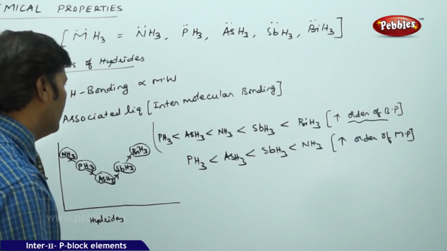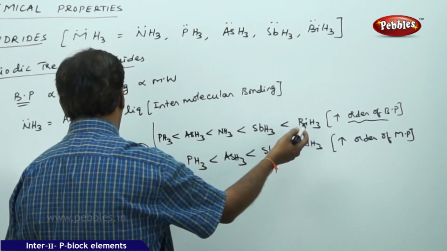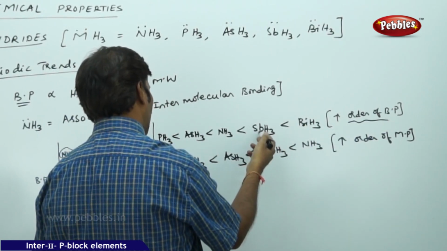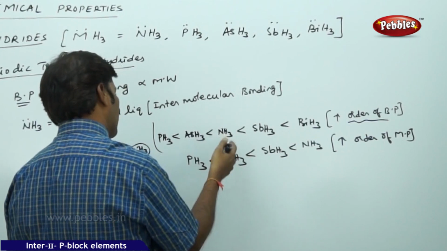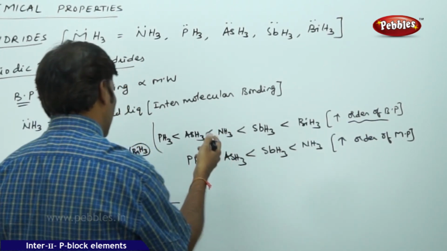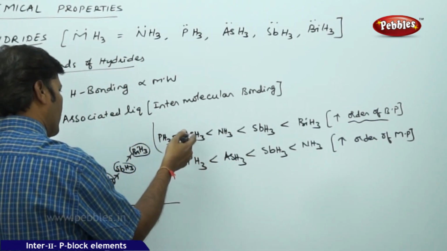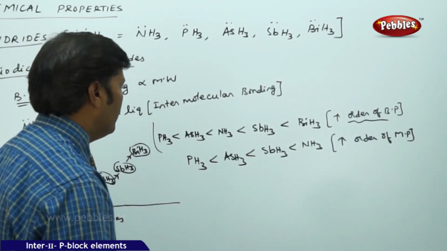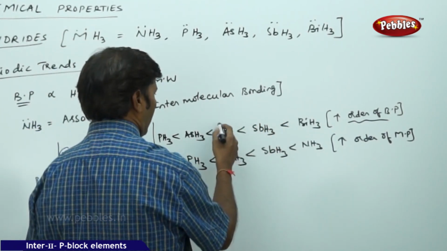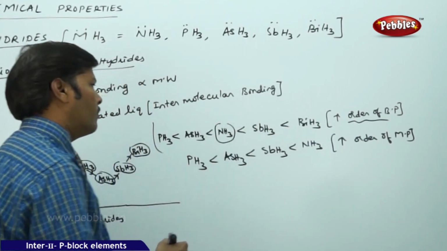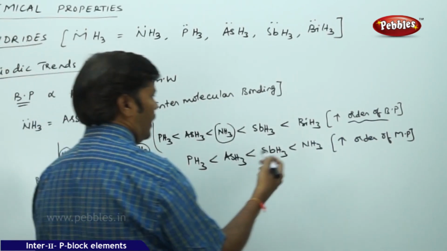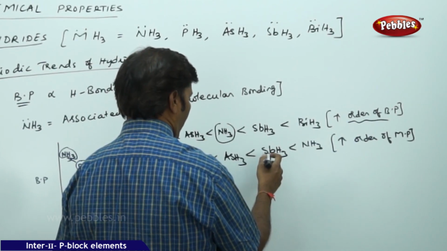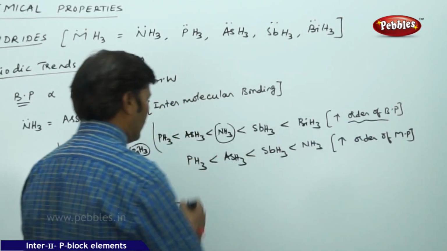So bismuthine has the highest boiling point based on molecular weight, then antimony also has a higher boiling point, but ammonia, because it is an associated liquid, overthrows the boiling points of arsine and phosphine. That's why phosphine is kept last and bismuthine first, but ammonia occupies the middle position in terms of boiling point. However, if you go for melting point, ammonia has a higher melting point than stibine, then going back to arsine, and then going back to phosphine.